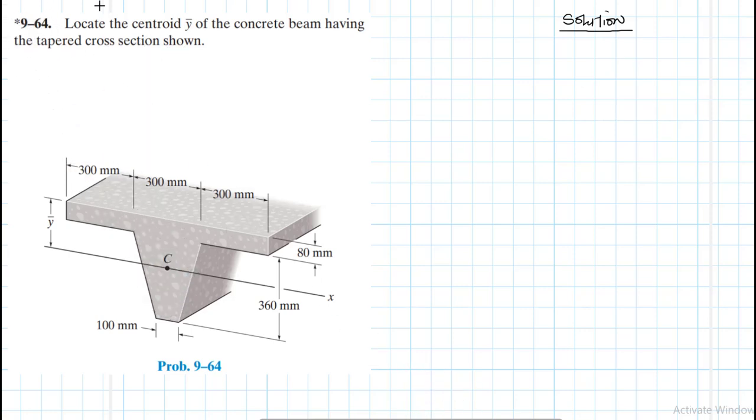So let's choose our coordinate system. I'm going to choose our coordinate system to pass through that point, and I want it to be symmetrical with this particular beam.